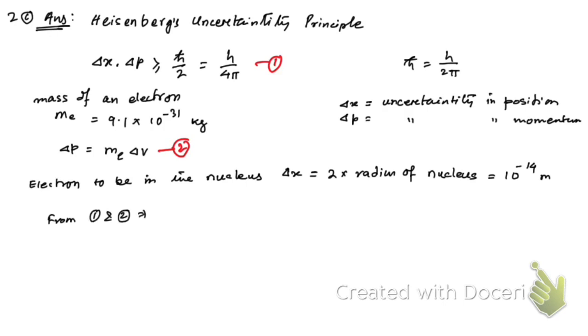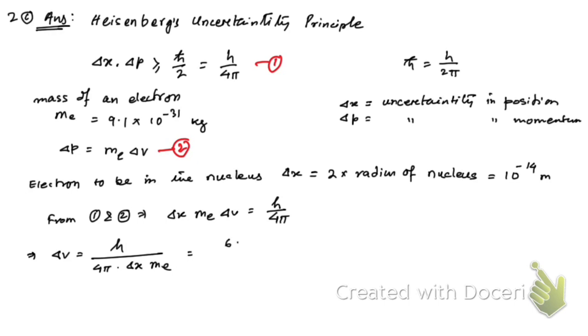From 1 and 2, we can write delta x into m into delta v is equal to h by 4 pi, and delta v is going to be equal to h by 4 pi into delta x into m. So what is the value of h? Let's put the values here.